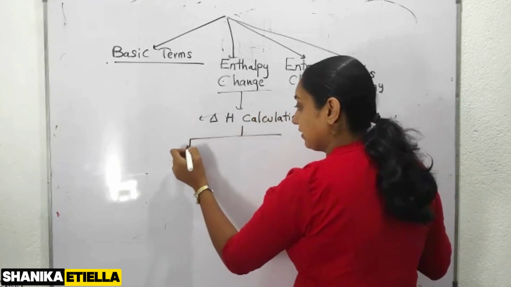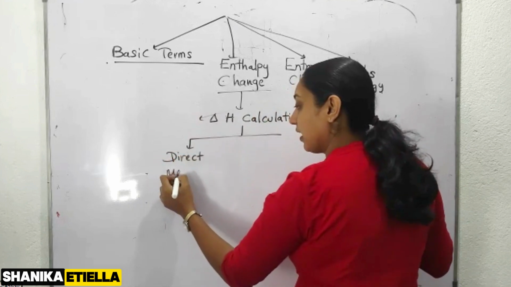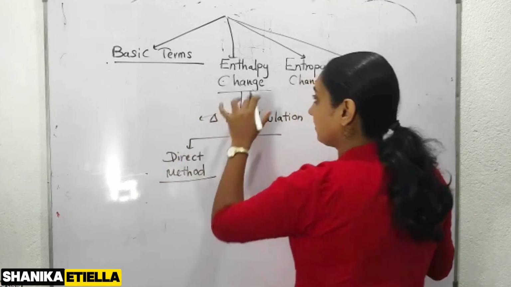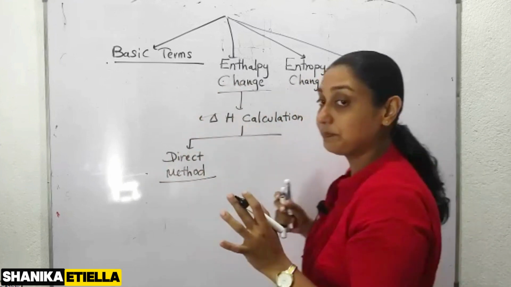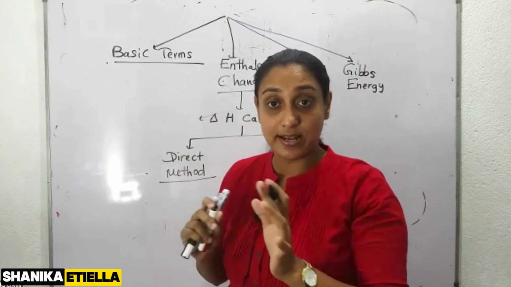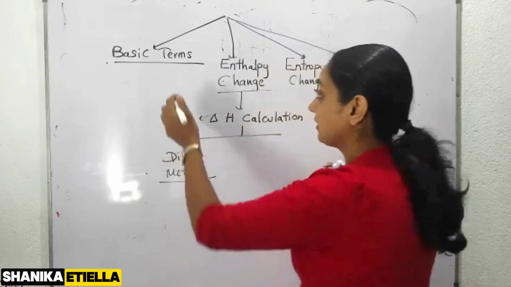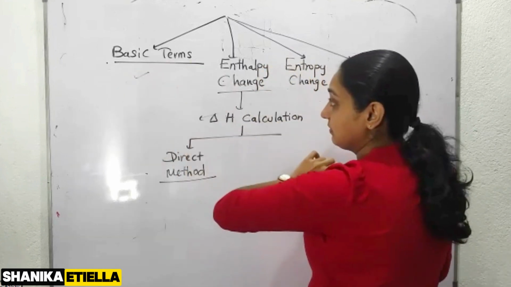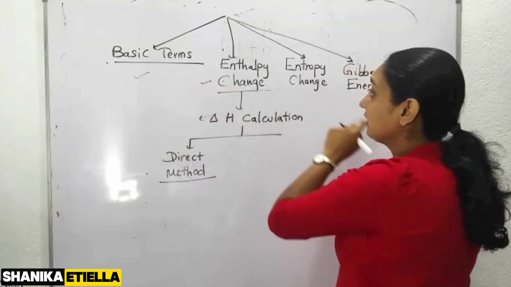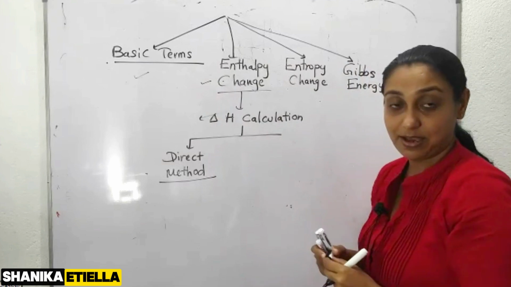So we need a direct method to calculate. I think you don't know what the direct method and indirect method are, so it's okay. Just write down what we are going to learn, then gradually you will understand the pattern of my teaching. The first day I am doing basic terms, the second enthalpy calculations, the third entropy changes, and the last session Gibbs energy.